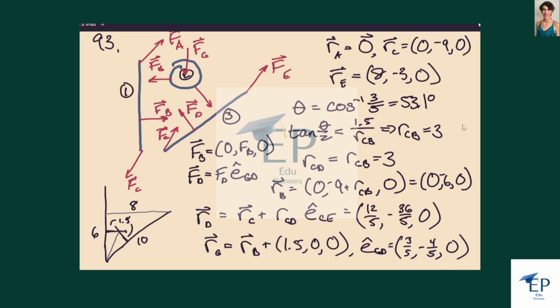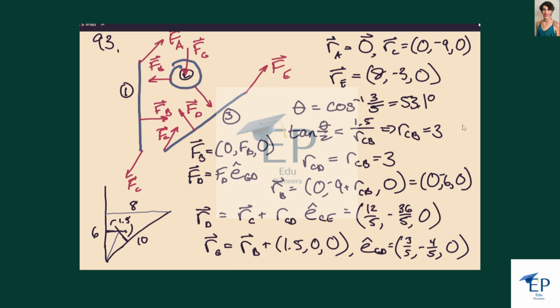And then I defined a unit vector from G to D here, and that's just 3/5 and minus 4/5, a unit vector from G to D. We need that because FD is in that direction. We needed it for this.